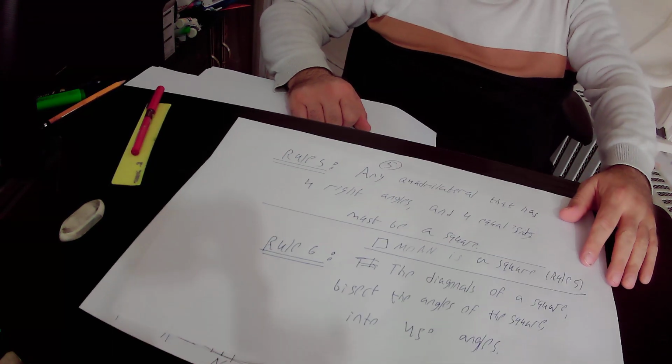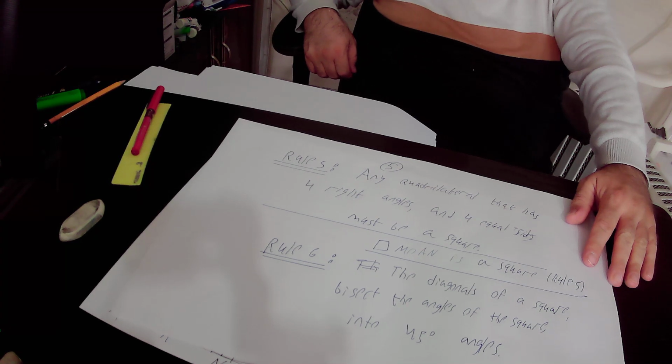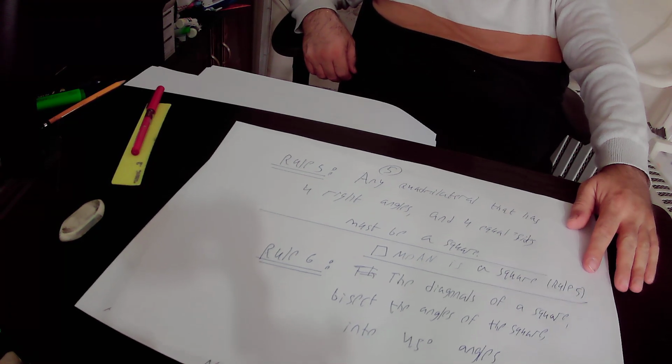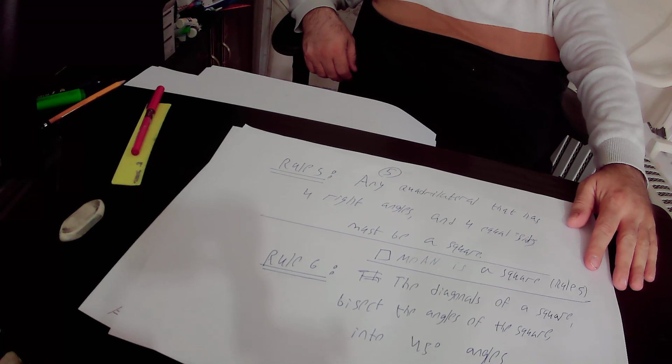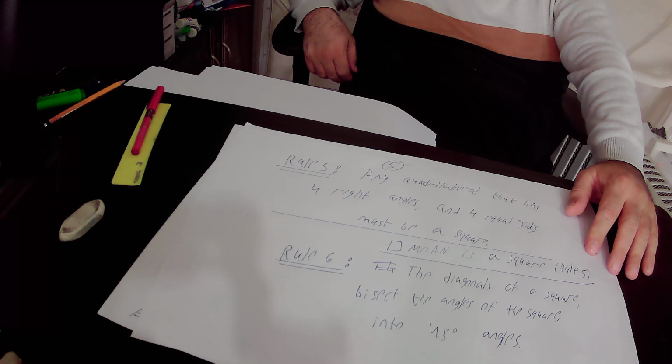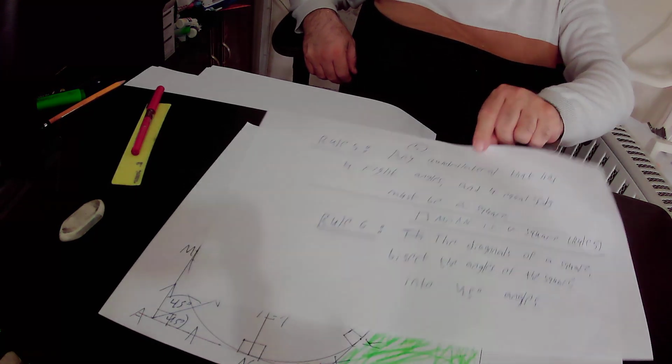Then I presented to you rule number 6. According to rule number 6, the diagonals of a square bisect the angles of the square into 45 degree angles.